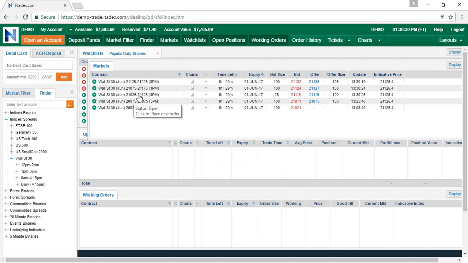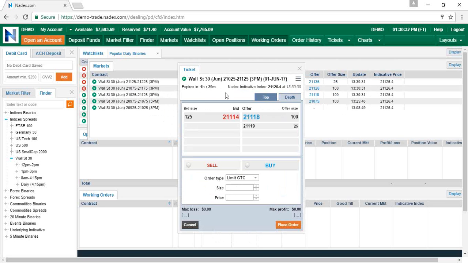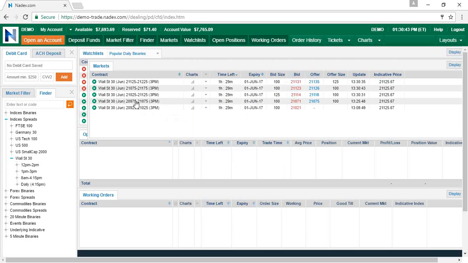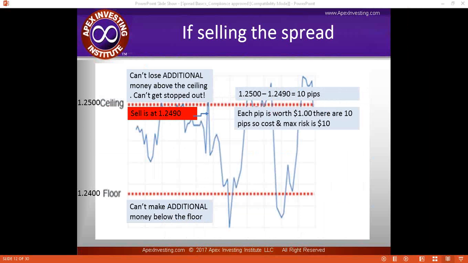But whatever floor and ceiling spread you select, the floor and ceiling are at the same place whether you're buying or selling that spread. It's just a matter of which spread you're choosing. We'll talk a little bit more about that. So does that help you understand a little bit more where the risk and reward numbers come from on the Nadex ticket?